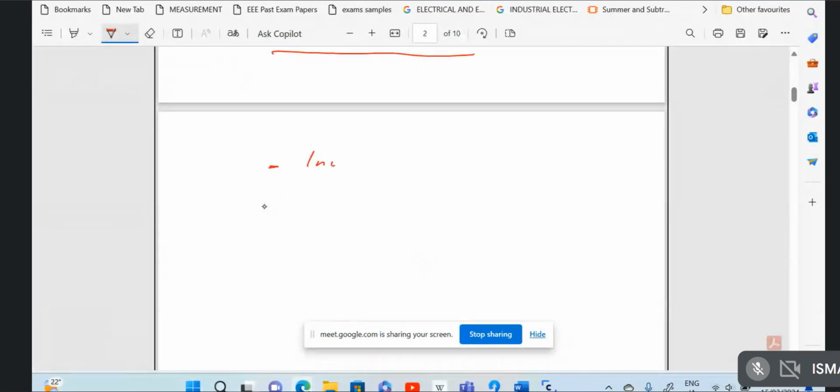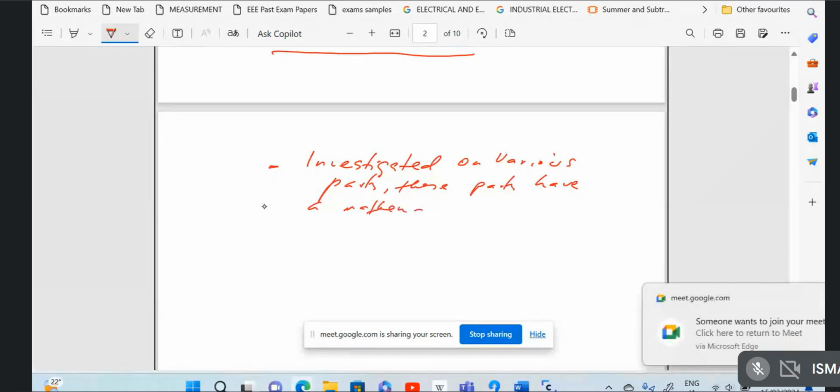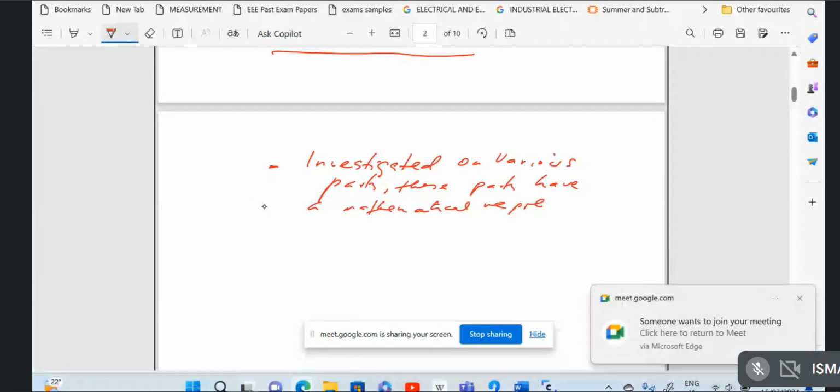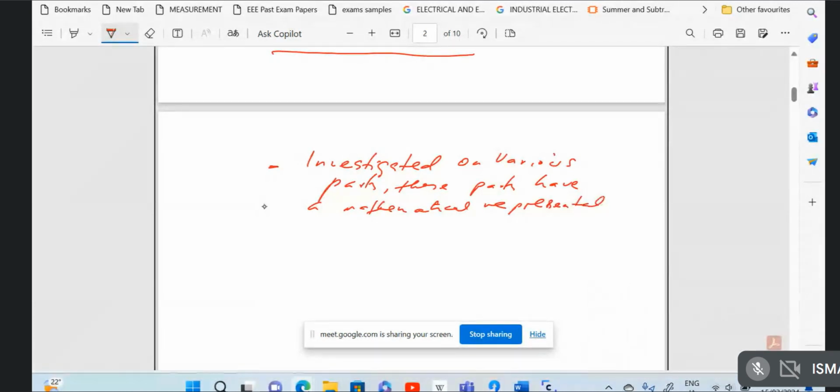The system is investigated on various parts of it, and these parts have a mathematical representation or equations or variables useful for the general equation.